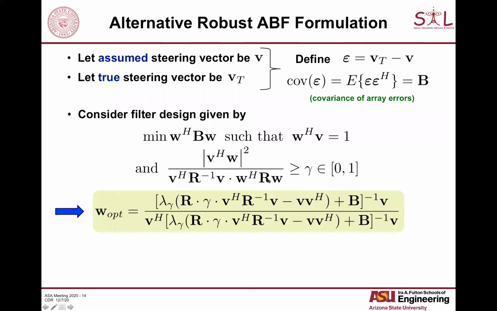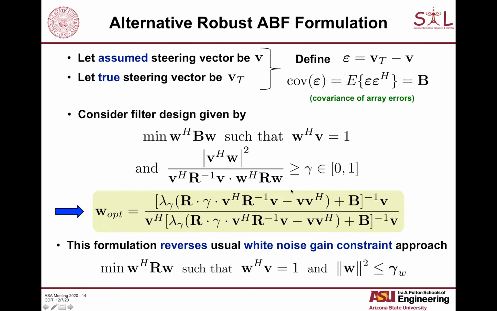All right, and we can solve for this. Here's the actual form of the solution you would get. And this lambda gamma acts effectively like a diagonal loading value, and gamma is what I can specify. So if I want this to be a solution that is always no less than within 3 dB of the optimal solution, I would choose gamma to be 0.5.